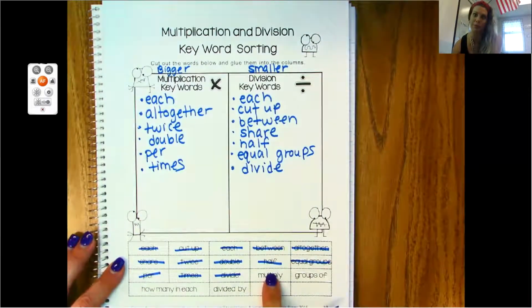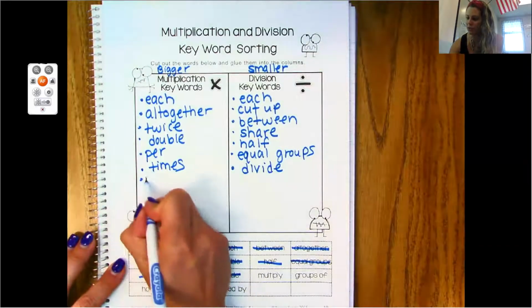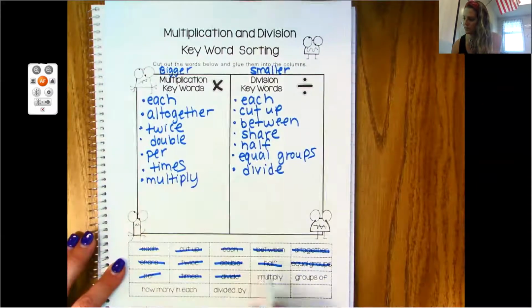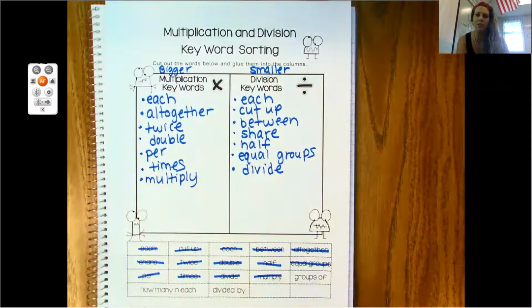The next one, multiply, where's that one gonna go? You're right, write it under multiplication. Groups of. If you are in groups of, what would that be? Which one would that be?